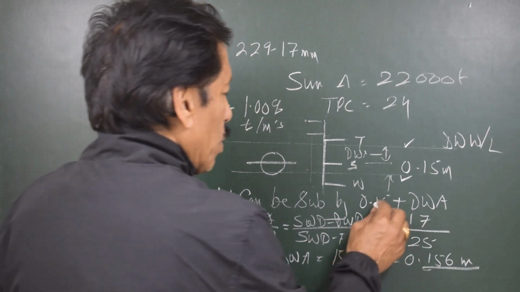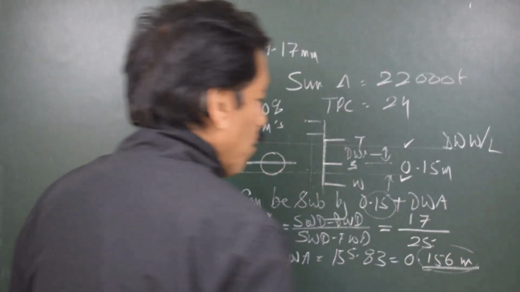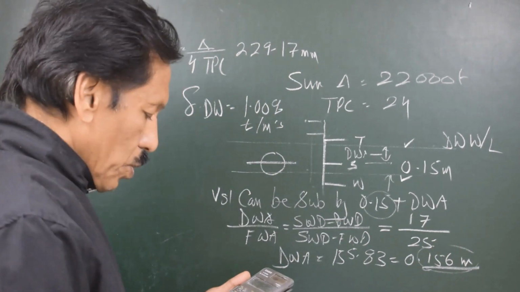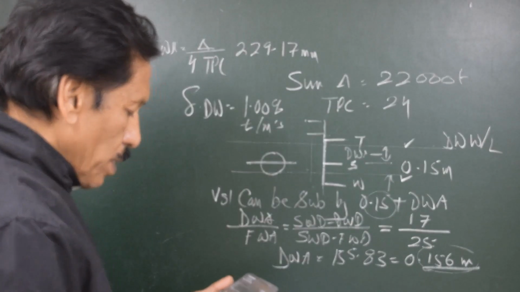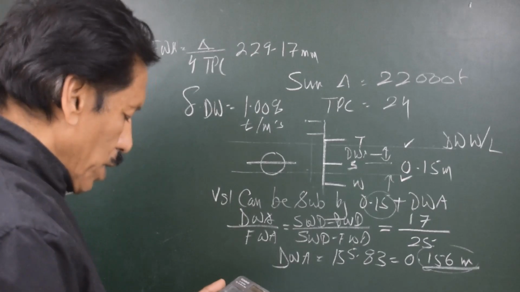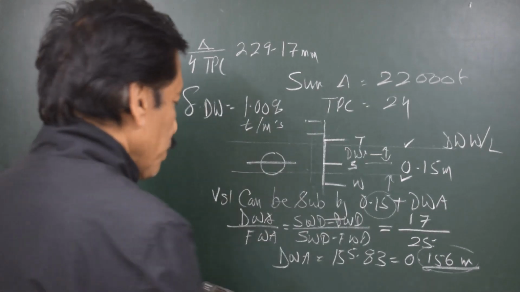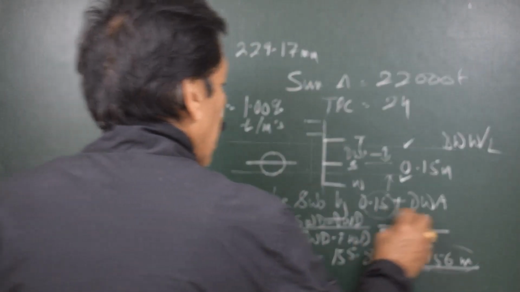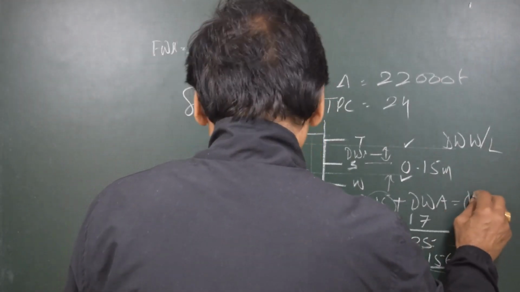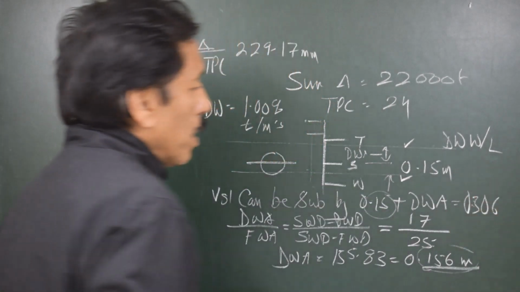So you are allowed to submerge the vessel by 0.15 plus 0.156, right? So the total submersion that is allowed is 0.15 plus 0.156, that is 0.306. Submersion allowed is 0.306 meters.